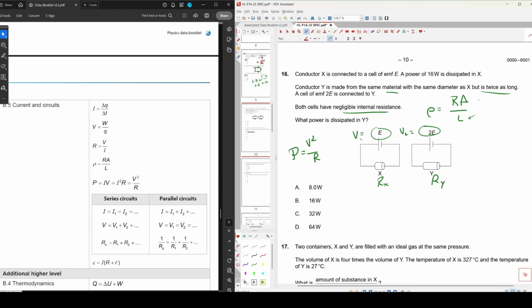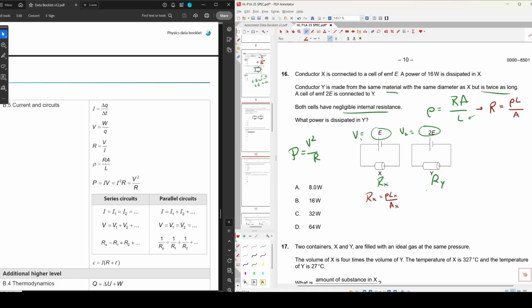All right, so let's move this equation around, which is always the good move when we're ratioing, to get resistance in terms of all the other stuff. So resistance of X is just going to be rho times whatever the length of X is over whatever the A of X is. Mercifully, they're only changing the length.